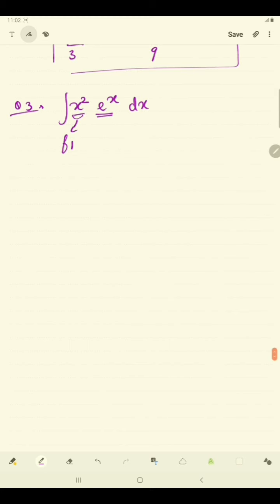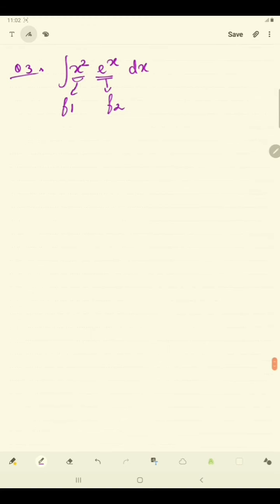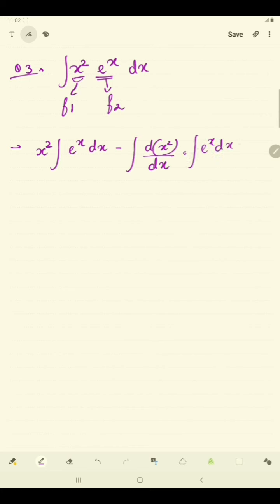Since x square is arithmetic and e to the power x is exponential, we take e to the power x as f2. Now again straight away applying the formula, we have x square times the integration of e to the power x dx, minus the integration of the derivative of x square with respect to x dot the integration of e to the power x dx, and now the whole integration.